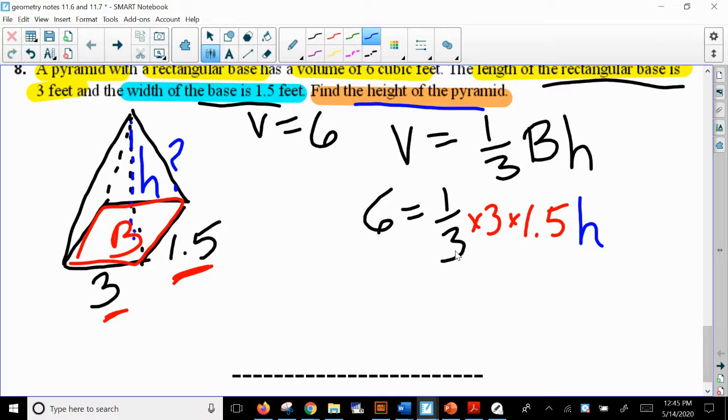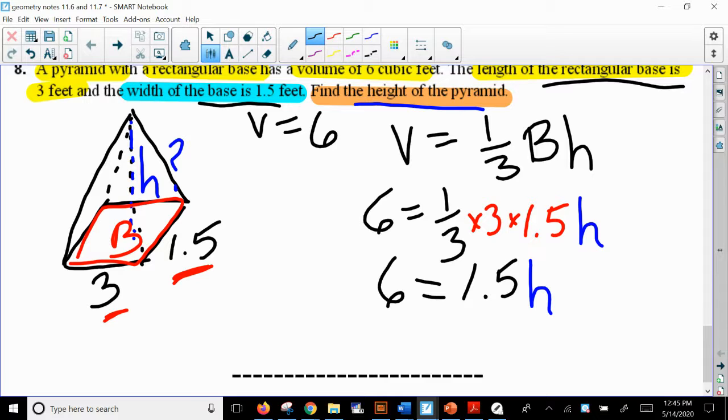So I'm using algebra. I'm going to solve for h. The first thing I'm going to do is multiply 1/3 times 3 times 1.5. I'm going to throw that in the calculator. 1/3 times 3 times 1.5 is 1.5. And the h is still there, and 6 is still there. So I got 1.5h equals 6.